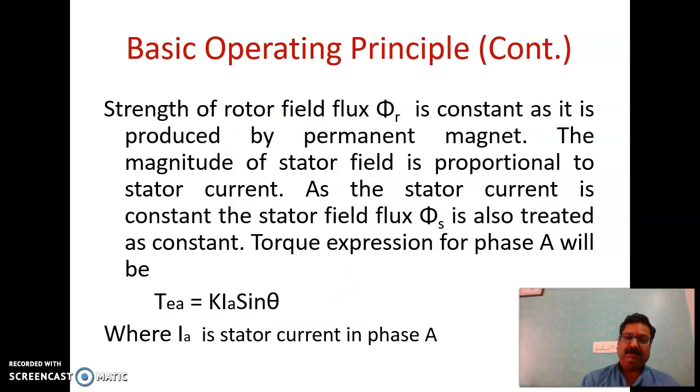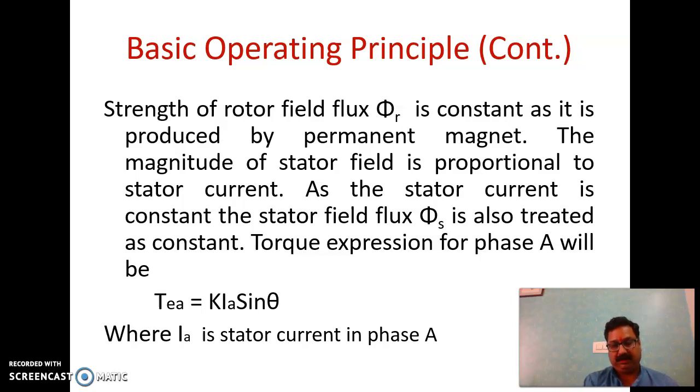So we can say that the rotor field flux is constant because the rotor consists of a permanent magnet, and the stator field is also constant because the current is constant.